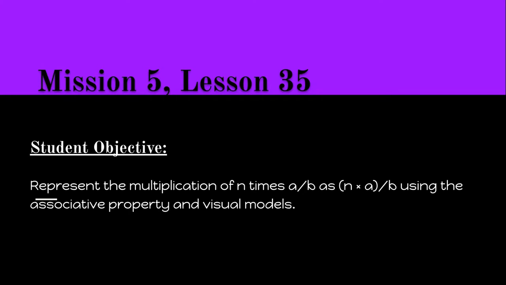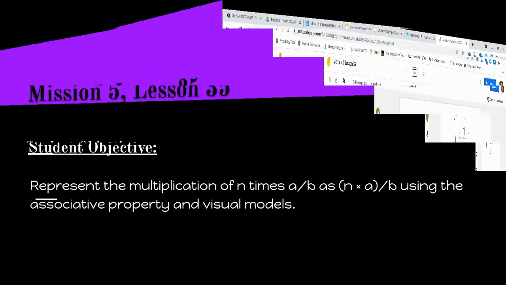But really, to simplify this, our main goal is to be able to multiply a whole number times a fraction. So let's take a look at an example of how we would do that, and then we can forget about this noisy mess of a student objective.